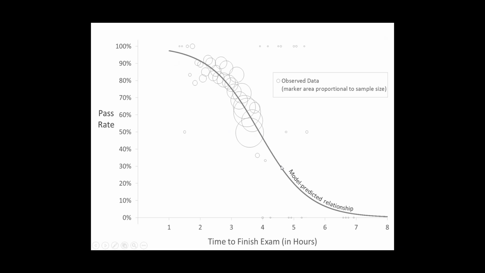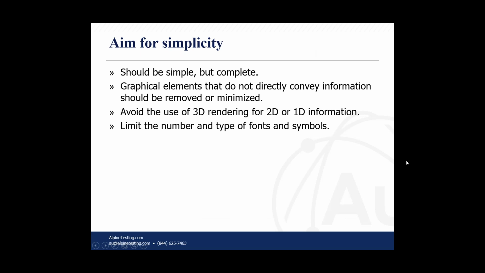So now we can see our statistical model does a really good job with all of these big dots. They are pretty close to our line, and when we miss it, it's only in those cases where we have observations with very few people. So the point being, we want to make sure we're being thoughtful about which variables we want to show in the graph that we choose to make.